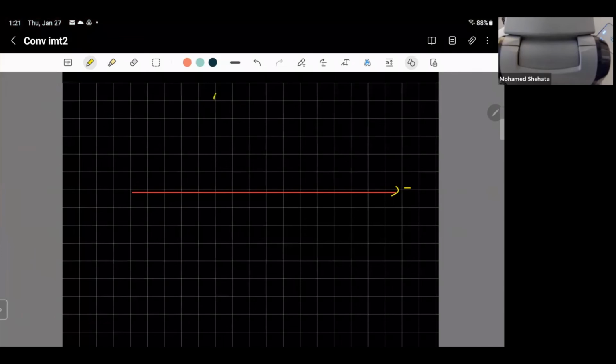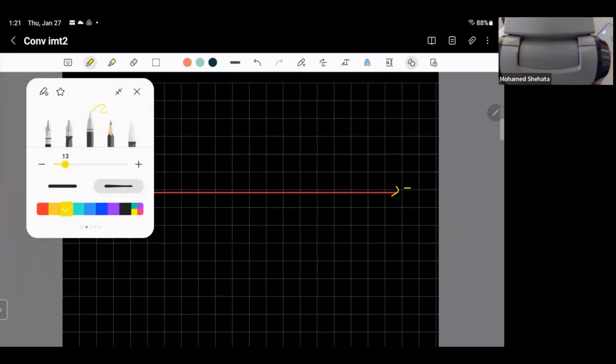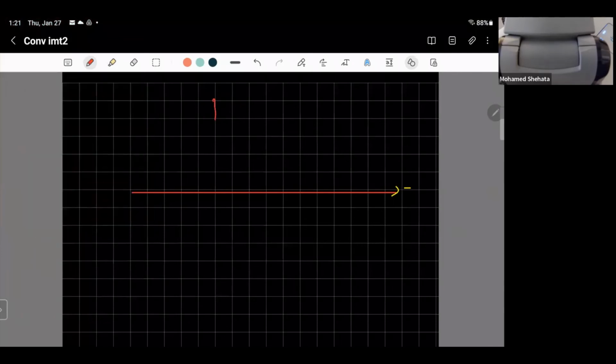That's the y-axis. The first thing was 0 when it was t less than -3. So you have that's -3. That will be 0. And 0 again when t greater than 5.